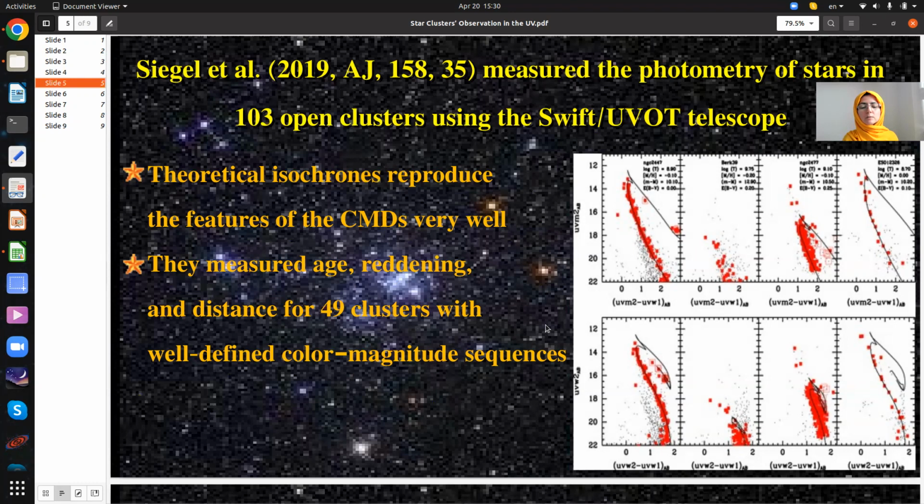Their main results were that the theoretical isochrones reproduce the features of the CMDs very well. And second, using these isochrones, they measured age, reddening, and distance for 49 clusters with well-defined color magnitude sequences.